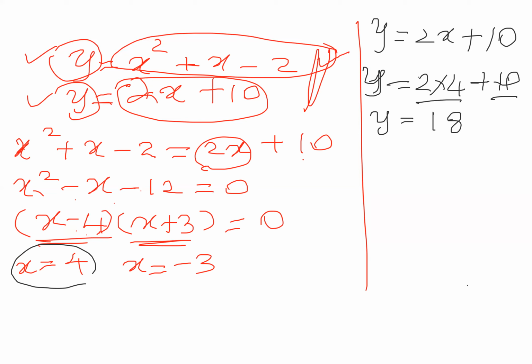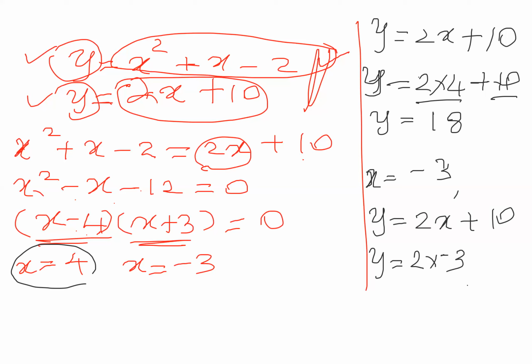And when x equals minus 3, what is the y value? Again we can apply y equals 2x plus 10. Y equals 2 multiplied by minus 3 plus 10. That means minus 6 and plus 10. Then y becomes 4, right?